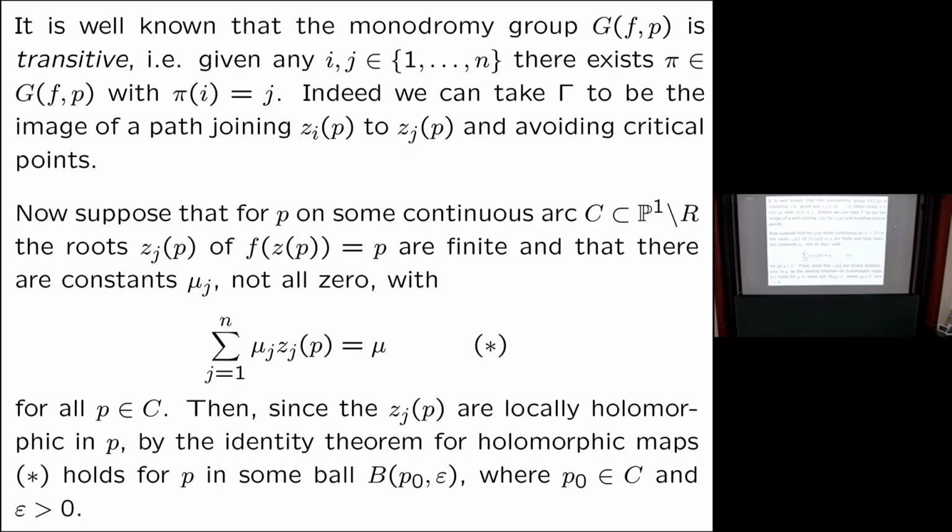Now, let's suppose that on some perhaps little continuous arc in P1 minus the critical values, the roots Z1, ..., Zn of the polynomial equal to P on this arc are finite, and that there are constants, not all 0, with the sum of mu_j Zj(P) equal to mu.